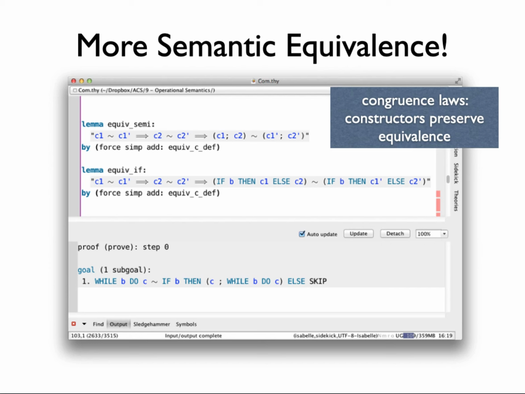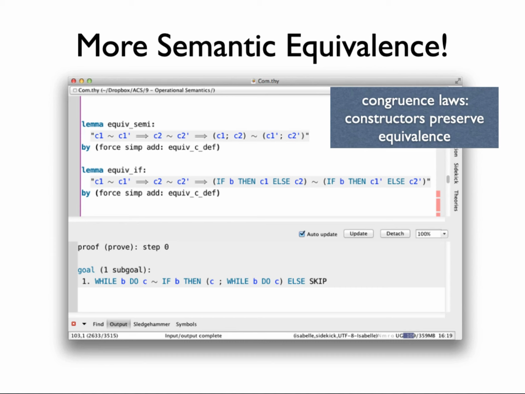Okay, a few other things you might want to prove. Typically, if you have a notion of equivalence, it should satisfy so-called congruence properties. If C1 is equivalent to C1 prime, and C2 is equivalent to C2 prime, then I should be able to substitute one for the other in a bigger command.